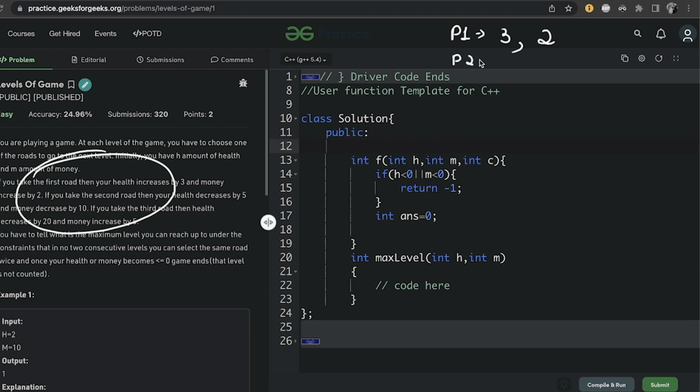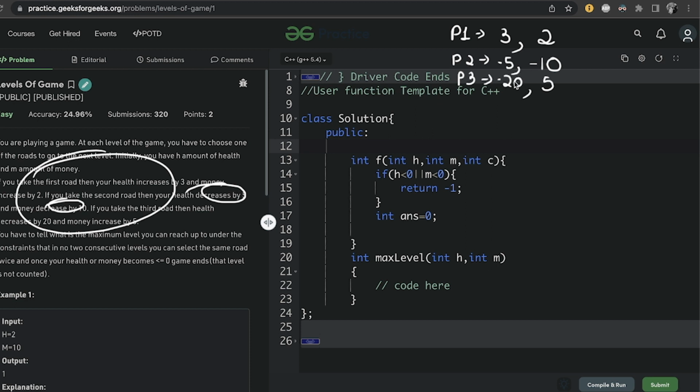And if we use the second path, the health would get affected by -5 and the money would get affected by -10. Where it is written, if you take the second path, the health decreases by 5 and money decreases by 10. So now let us take the third path, which is third path, health decreases by 20. So 20, and then the next one is increase by 5.